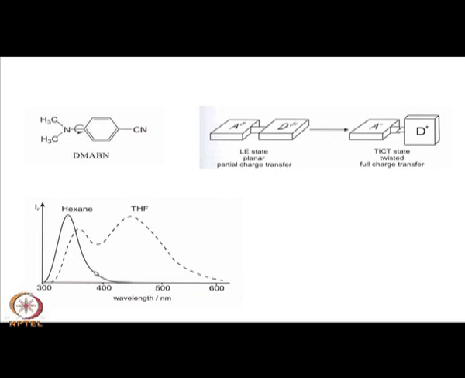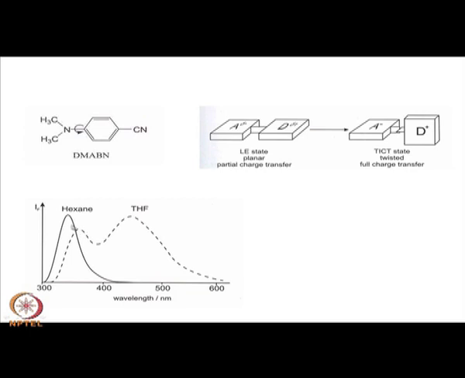And the moment you change the polarity of the system, the moment you change the solvent from hexane to tetrahydrofuran, what you observe is that now you can observe two bands.